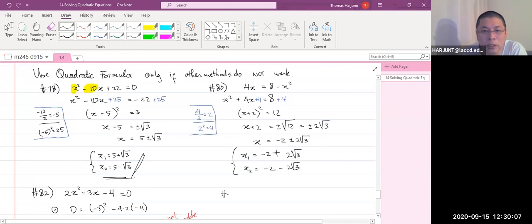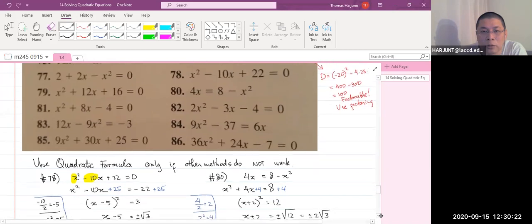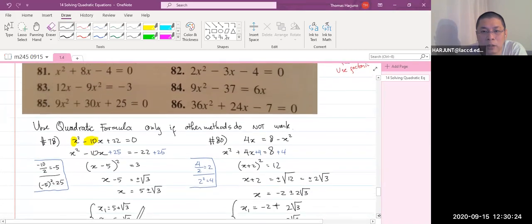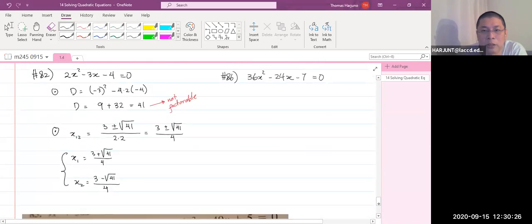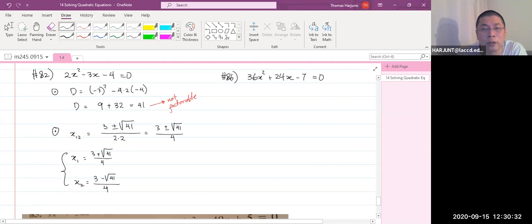Number 86: 36x squared minus 24x minus 7 equals 0. I don't know, maybe it's factorable, but the numbers are too big and it's too hard to do. It's plus 24x, not minus 24x. Okay, plus 24x, thank you.